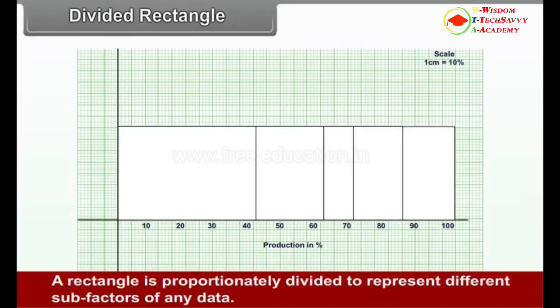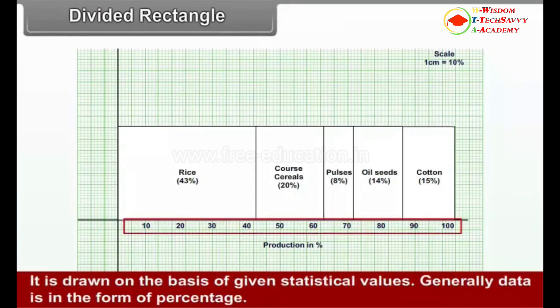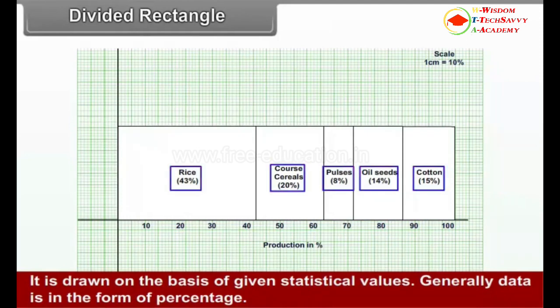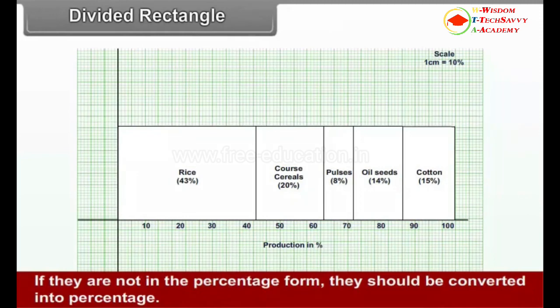Divided rectangle. A rectangle is proportionately divided to represent different subfactors of any data. It is drawn on the basis of given statistical values. Generally, data is in the form of percentage. If they are not in percentage form, they should be converted into percentage.